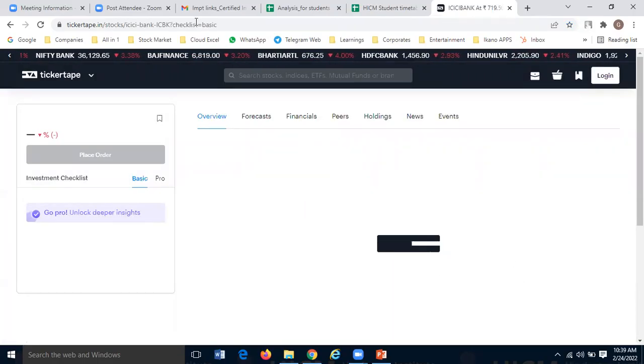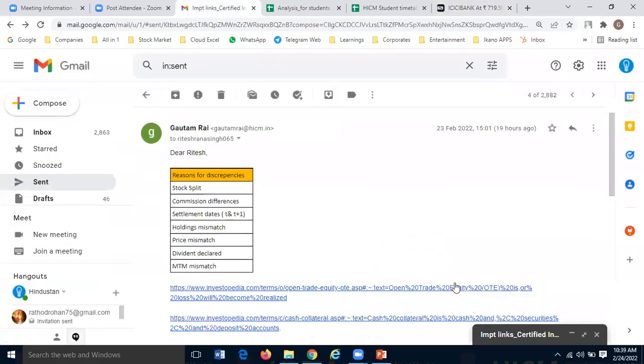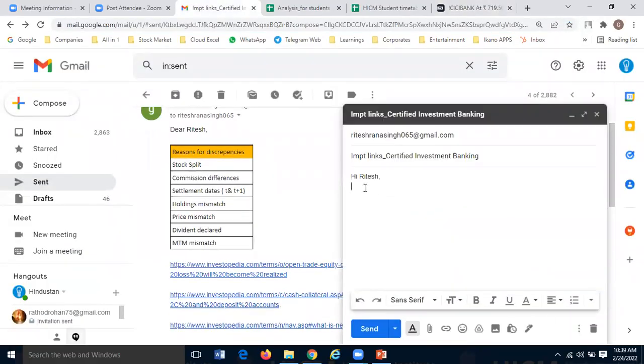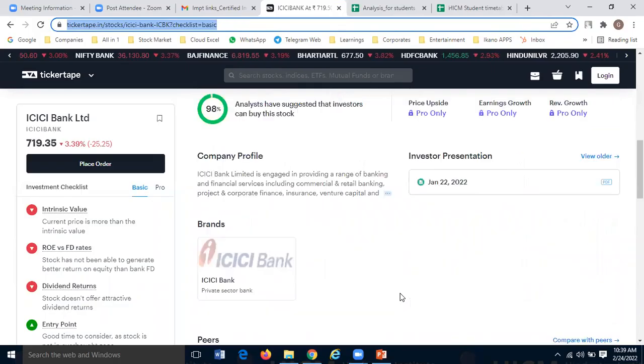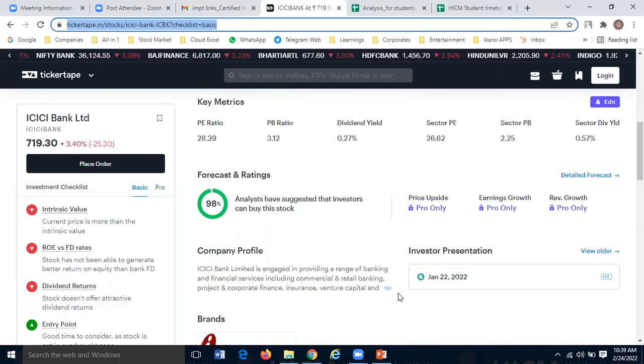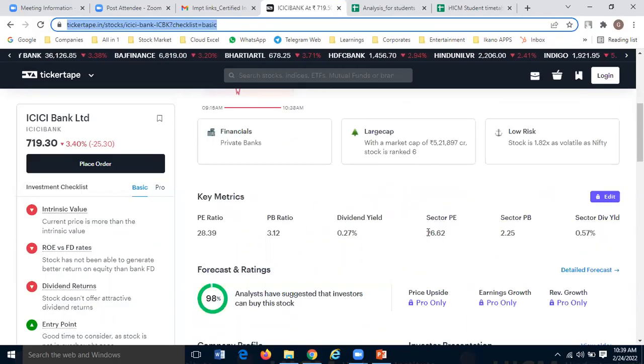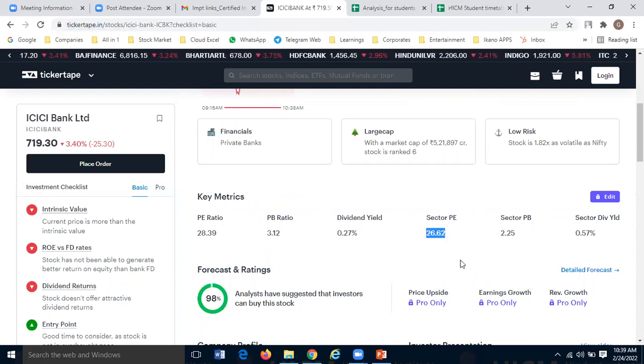If you come down here, you will be able to see the industry PE. Sector PE is 26.62 and this PE is 28.39.